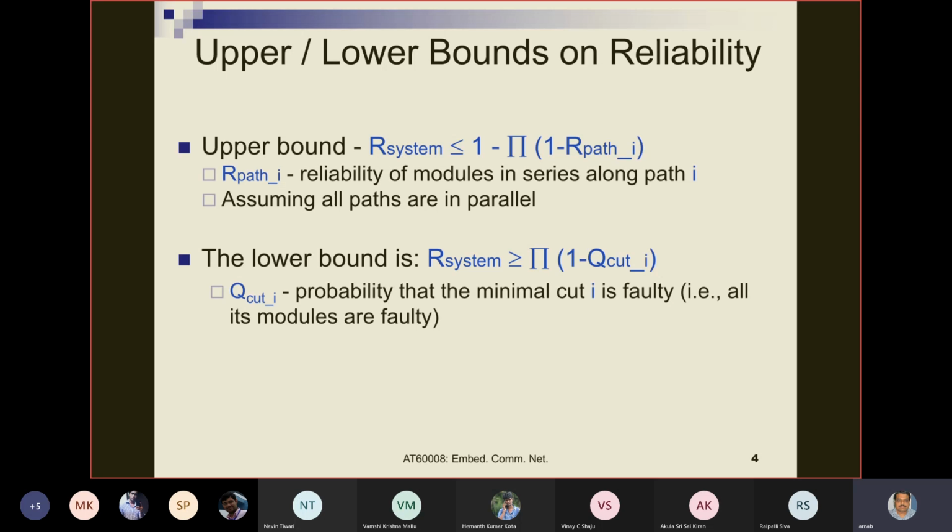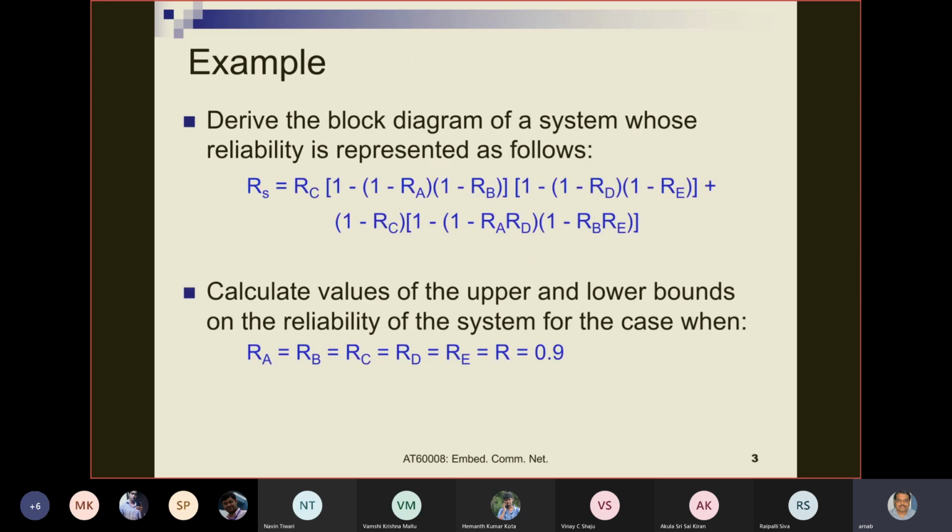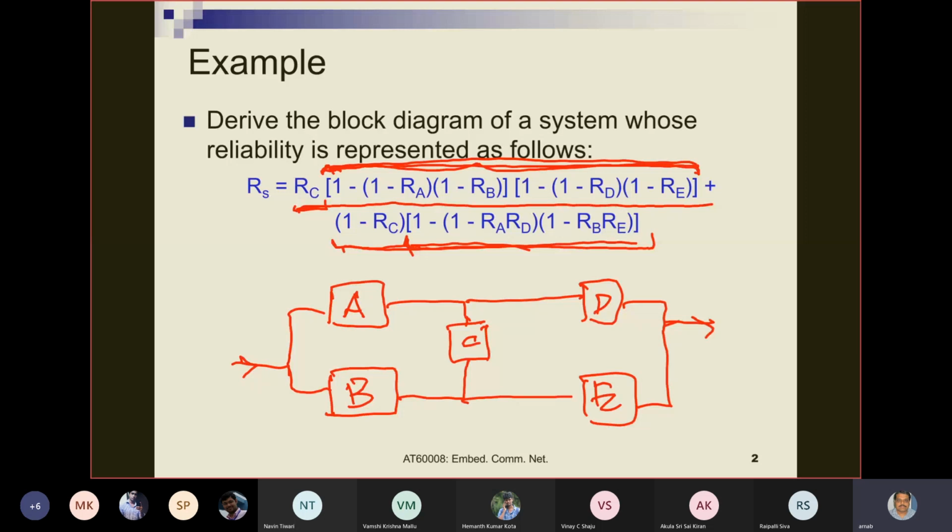So then for this upper bound, if we go back, then what are the different series paths in my system? Given that C is, say, bidirectional, I give you this as a simplistic assumption. 4, sir.